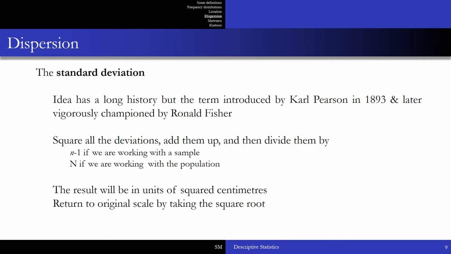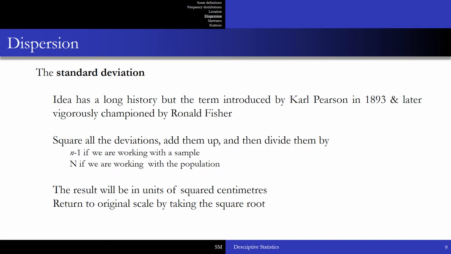I want to turn now to the standard deviation. Now, this idea has a very long history, but the term standard deviation, though not the idea itself, was introduced by Karl Pearson in 1893, and later on rather vigorously championed by another famous statistician, Ronald Fisher.